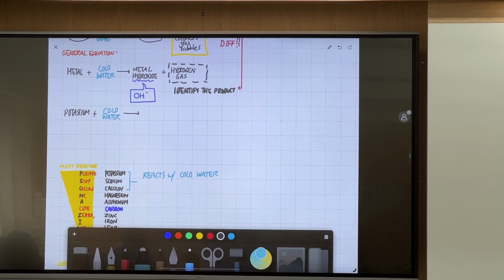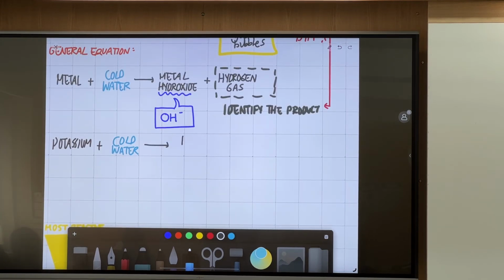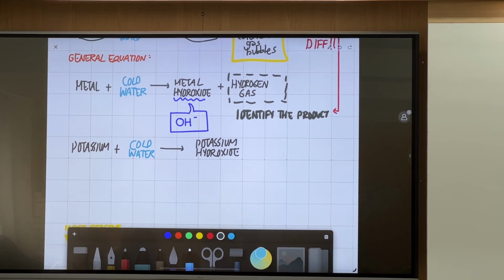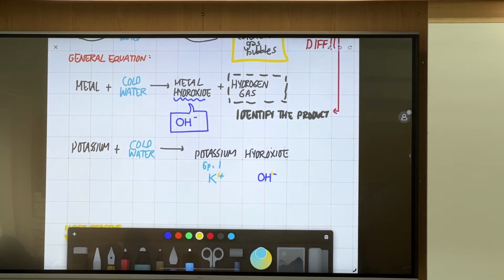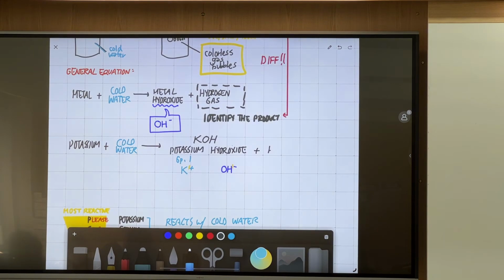So if I swap metal for potassium, you get potassium hydroxide. What's the formula of potassium hydroxide, knowing that potassium is from group 1? Because it's from group 1, it will be K+. Hydroxide ion is OH minus. When you do the crisscross rule, what will you get? KOH. Can you put that KOH here? And you will have hydrogen. Okay?